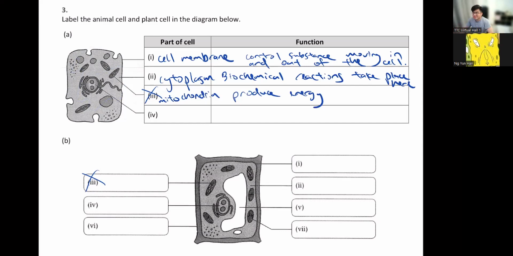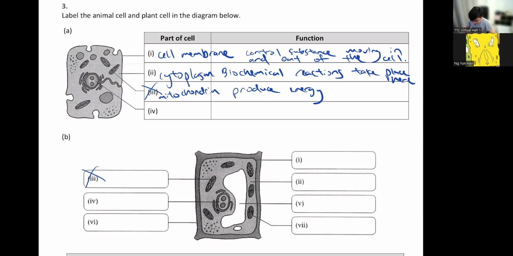It's like a powerhouse. Right, so number 4, the boss in the middle here, it's called the nucleus. Okay, the boss is called the nucleus. So what do they do? They control cell activity.